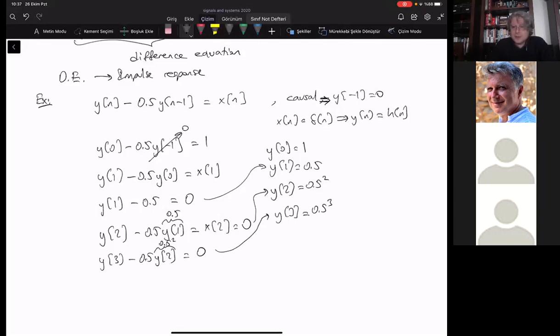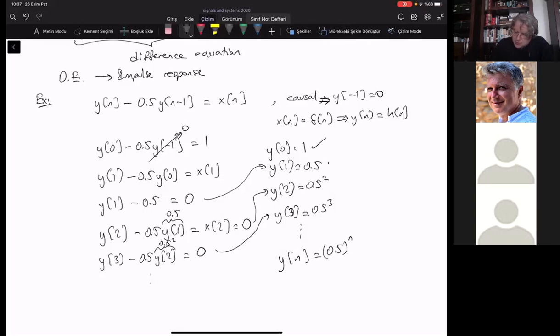So I think we get the picture, right? It goes on like this. yn is equal to simply 0.5 to the power n, right? For n greater than 0, of course, starting from 0 and onwards. 0.5 to the 0 is 1.